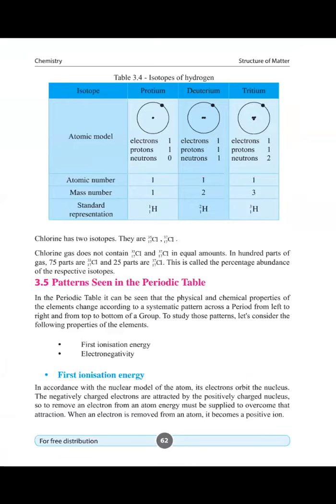They have a systematic pattern. You know the periods, you know the groups, the rows and columns. To study these patterns, these properties should be specially considered.